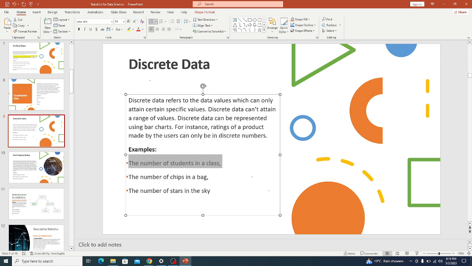Of course, this will be discrete because we can't have 50.6 students. Then we have the number of chips in a bag. We also have the number of stars in the sky. So this is something which we can express as discrete.